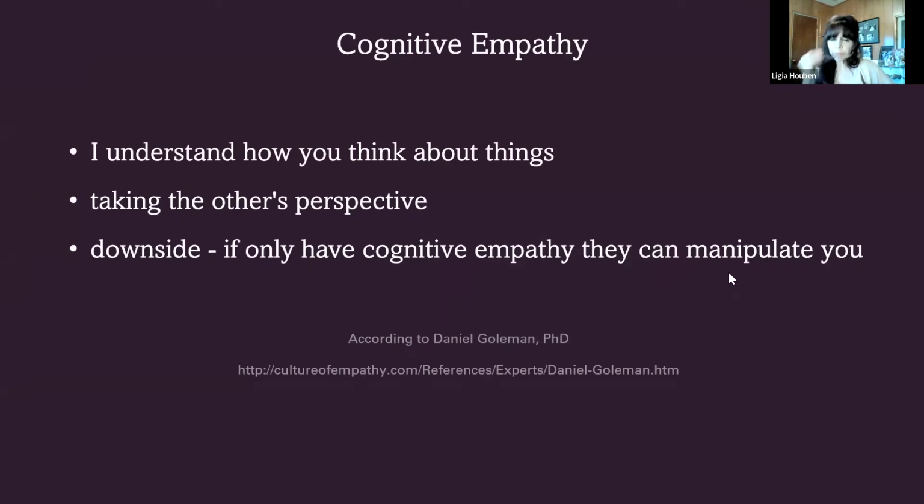Now, this one has to do with cognitive empathy, and it says, I understand how you think about things. You are able to take the other person's perspective. Now, the downside would be that if you only have cognitive empathy, they can manipulate you.